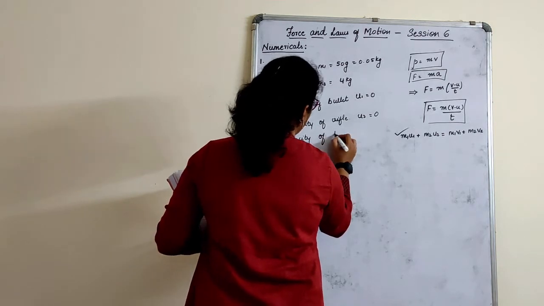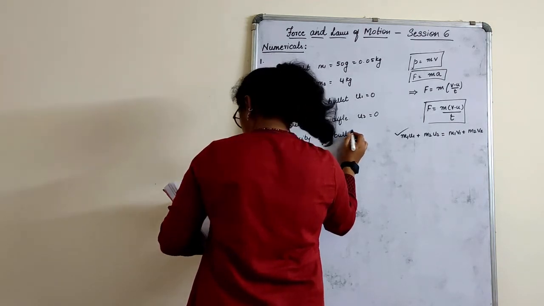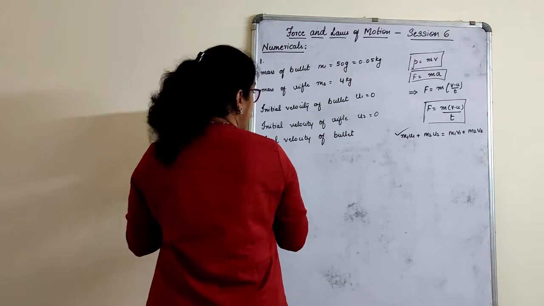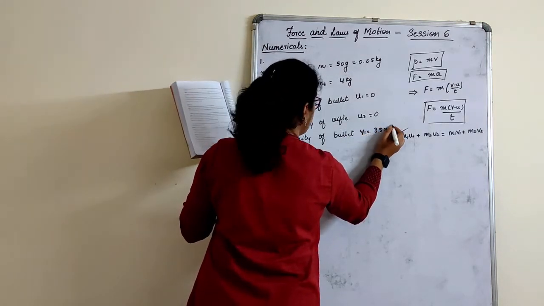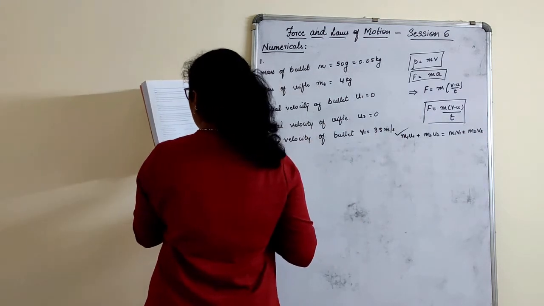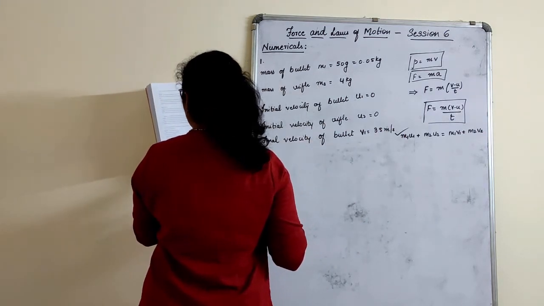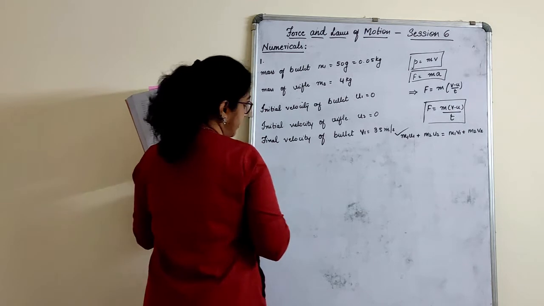Final velocity of bullet: it is moving with 35 meters per second.